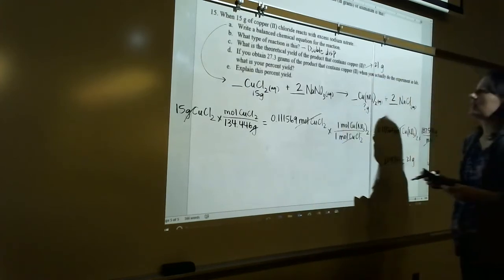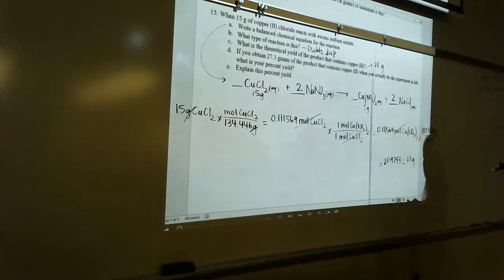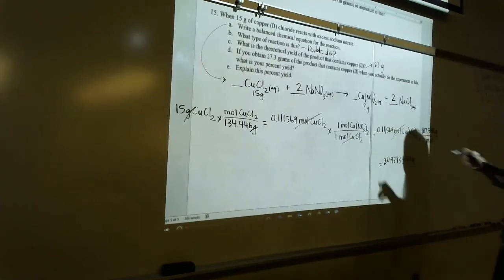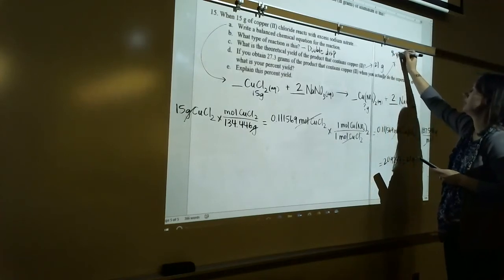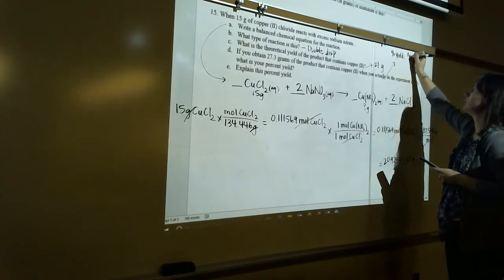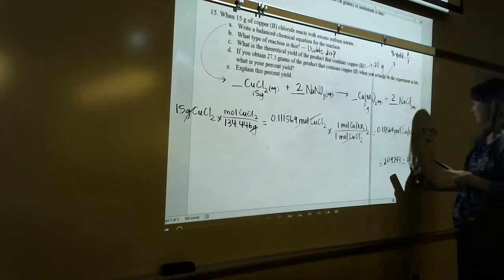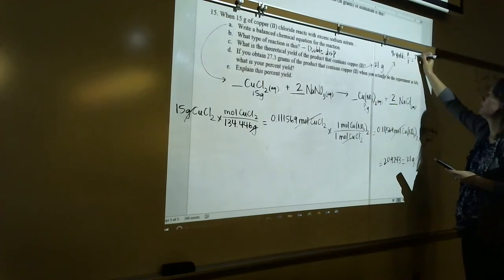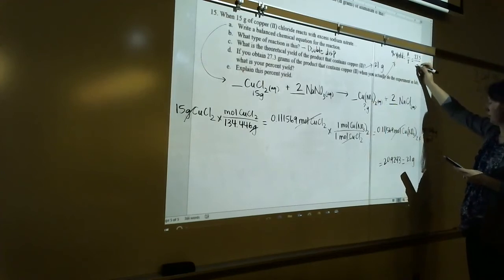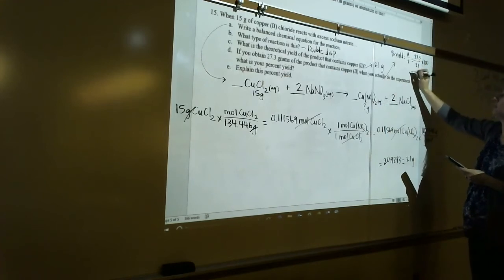If you obtain 27.3 grams of the product containing copper 2 when you actually do the experiment, what is your percent yield? How do you calculate percent yield? Right, actual over theoretical. This is the theoretical. Actual is 27.3. Theoretical is 21. We're going to multiply by 100, right, because it's a percent.